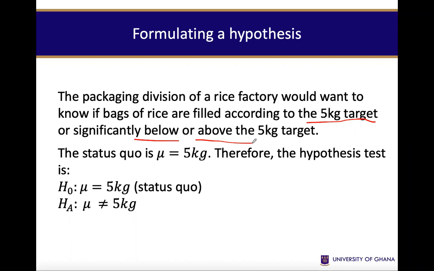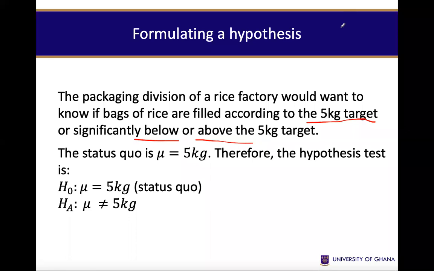What we care about is that it didn't fill 5 kilograms. So the null, or the status quo, is that the average weight is 5 kilograms. But the argument against the status quo is that the average weight is not 5 kilograms. Is that okay?